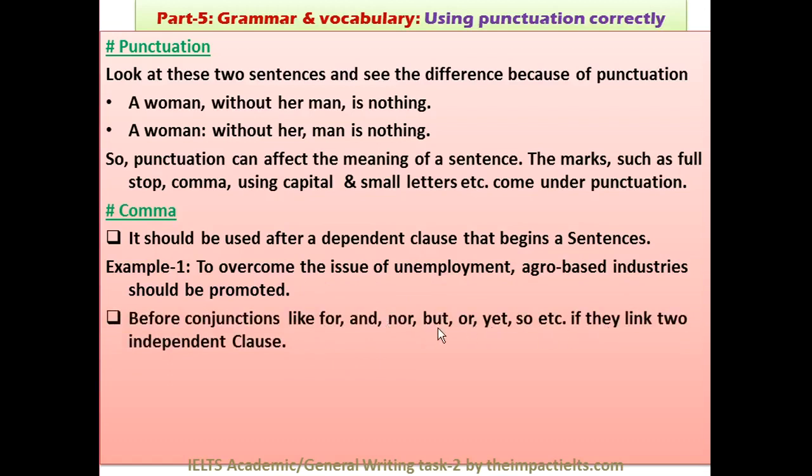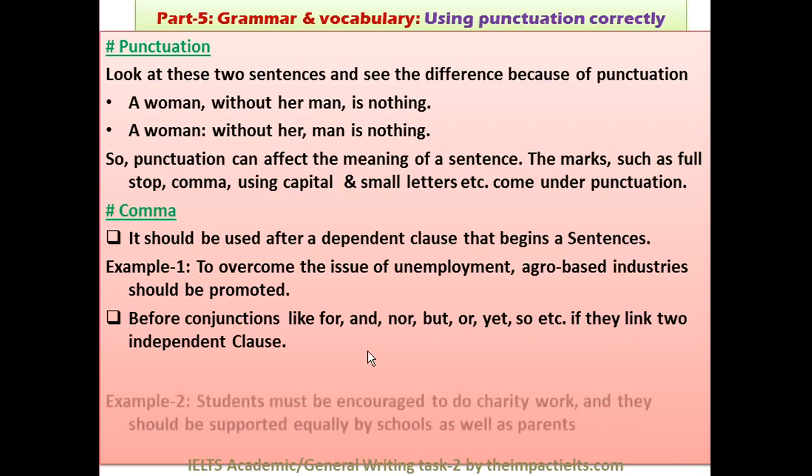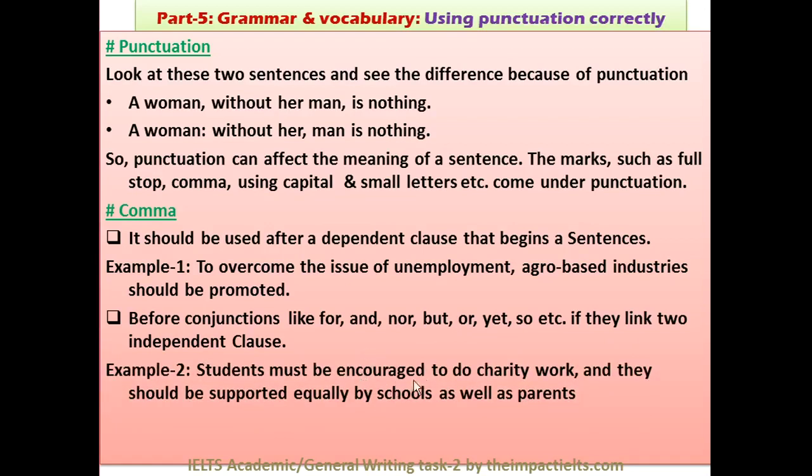I don't think that this list is sufficient or that it has included everything, but just to give you an idea, a comma links two independent clauses. Here both are independent clauses, but they are used to link them together. Students must be encouraged to do charity work, and they should be supported.